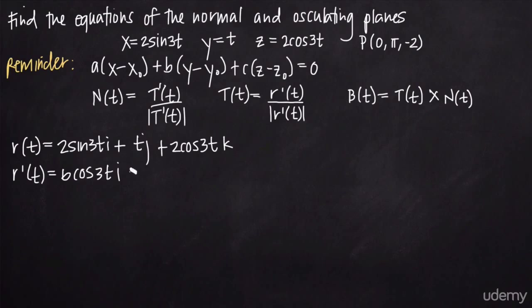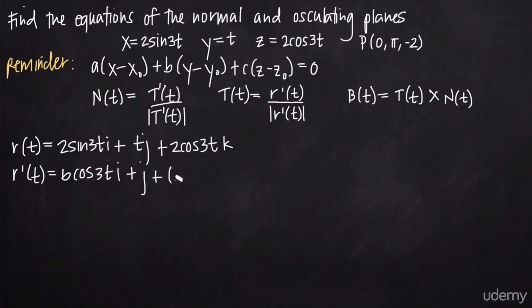The derivative of t is just 1, so we get 1j, or just j. And the derivative of 2 cosine 3t is again 6 sine of 3t, but we have a negative sign out in front because the derivative of cosine is negative sine. So we get negative sine of 3t, and then we multiply by the derivative of the inside function, 3.